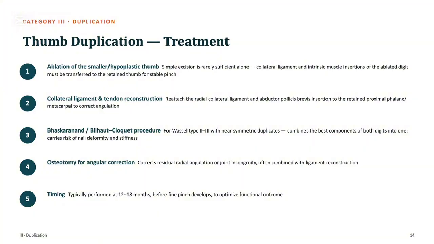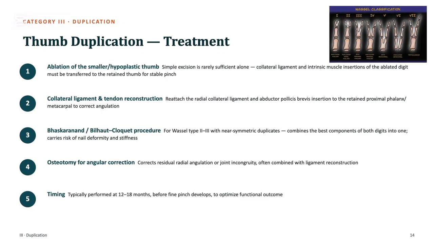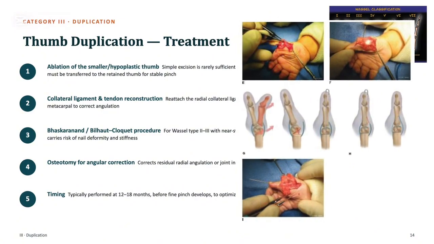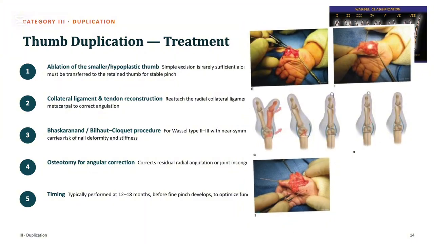It's very important if the polydactyly is grade 2 or more, it involves joints, so the joint must be reconstructed, especially the collaterals, to avoid ligament or joint laxity. Some guy made an operation. Okay, this is simple excision and reconstruction of the joint.